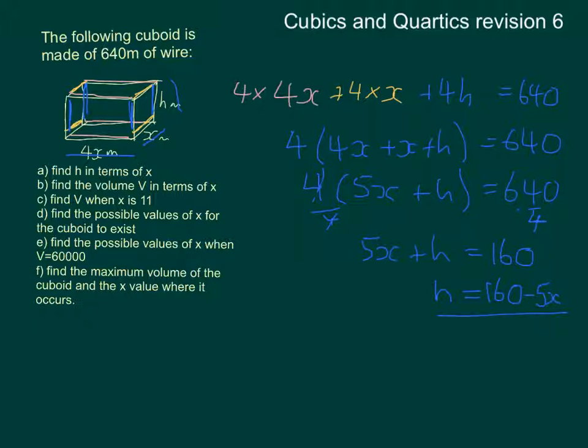For the second part of this question, we're asked to find the volume V in terms of x. So I'll change the colour and I'll go into a different part of the screen. We use this one down here. So I'll come down the bottom here for part B. And the volume is length times width times height.